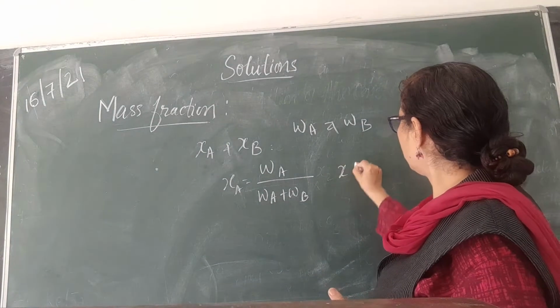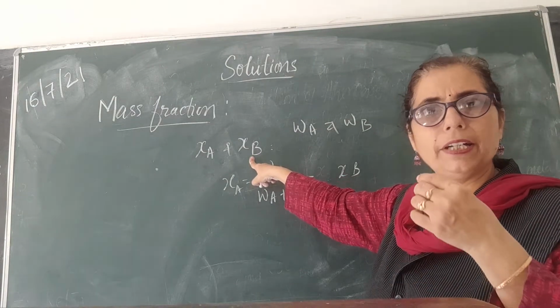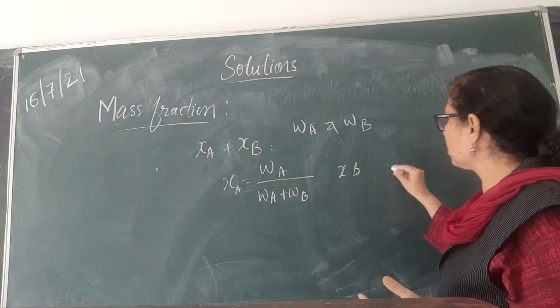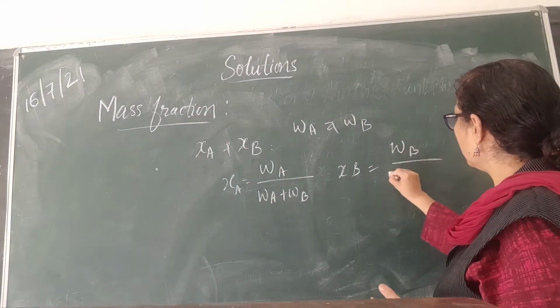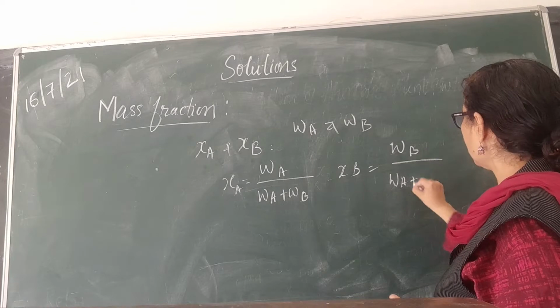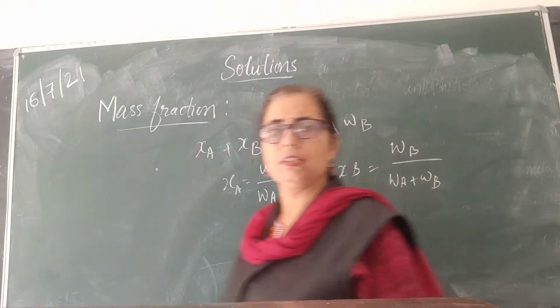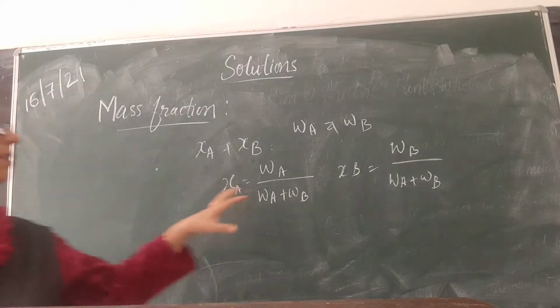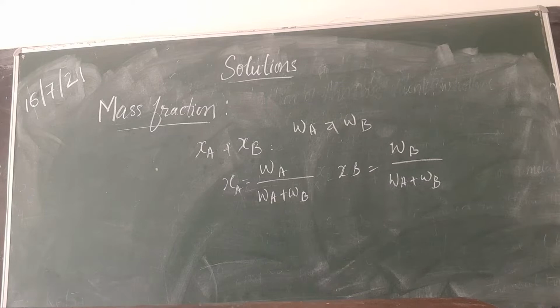Similarly, the mass fraction of component B in the mixed solution, XB, will be equal to WB by WA plus WB. So this is just similar to mole fraction, the only difference being that we are talking about mass. So you have understood the difference between mole fraction and mass fraction.